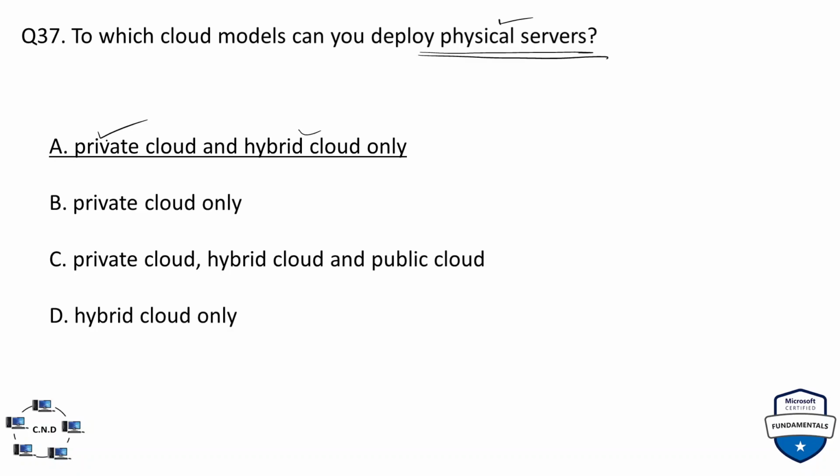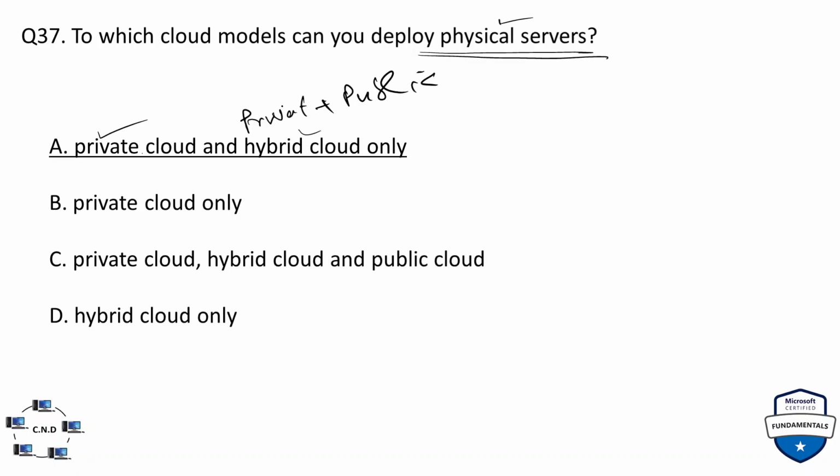So inside private cloud, it is your own. It is managed by the organization itself. So the deployment of the servers is the responsibility of the organization, the internal organization, not the cloud provider. Similarly, the hybrid cloud is a combination of private plus public cloud.